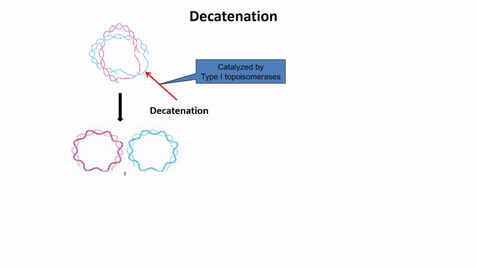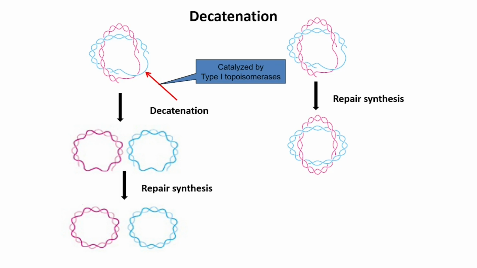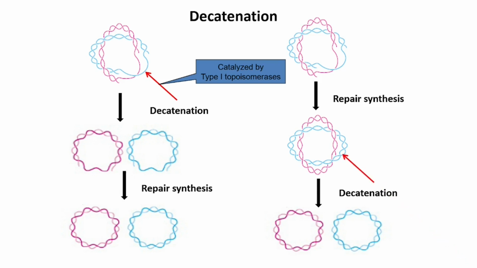This is then followed by a repair synthesis so as to yield two completely formed daughter duplexes. Alternatively, two incompletely formed daughter duplexes can undergo repair synthesis first so as to yield two completely formed daughter duplexes interlinked to each other. This would be followed by decatenation, where a double-stranded nick would be required, and this could be brought about by type 2 topoisomerases.